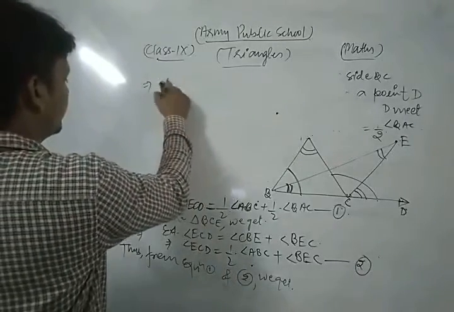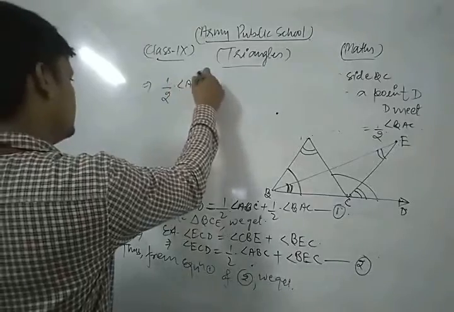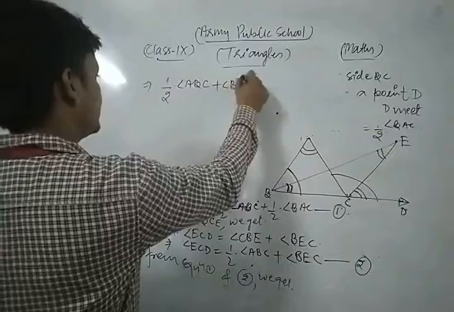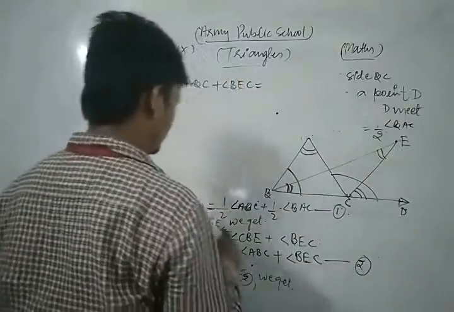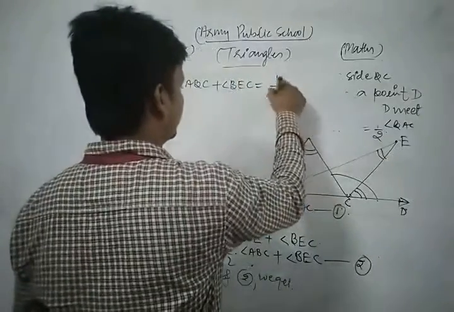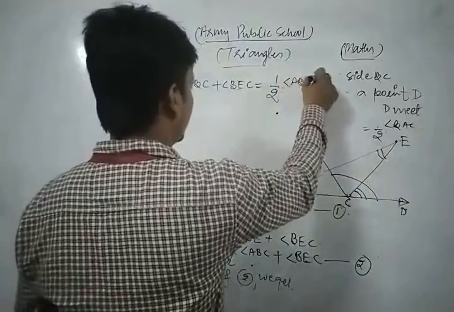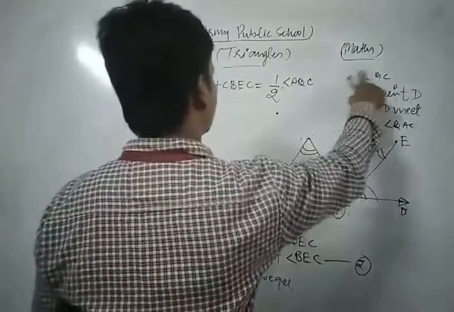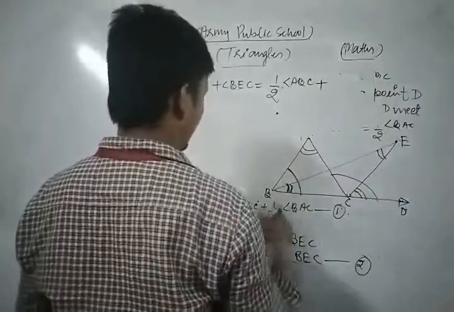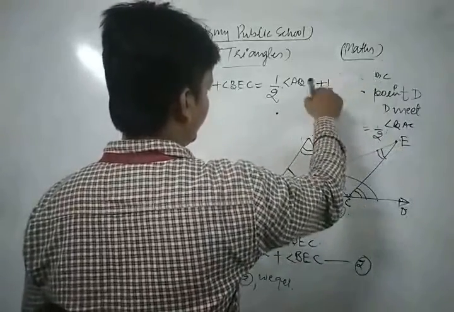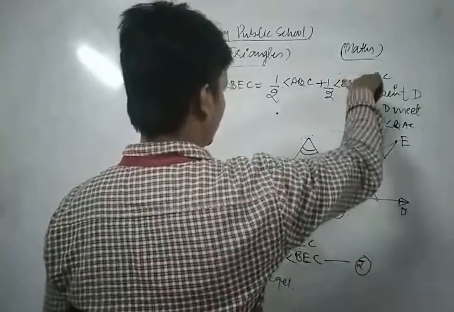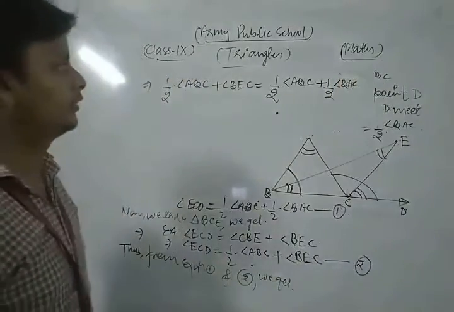half of angle ABC plus angle BEC is equal to half of angle ABC plus half of angle BAC.